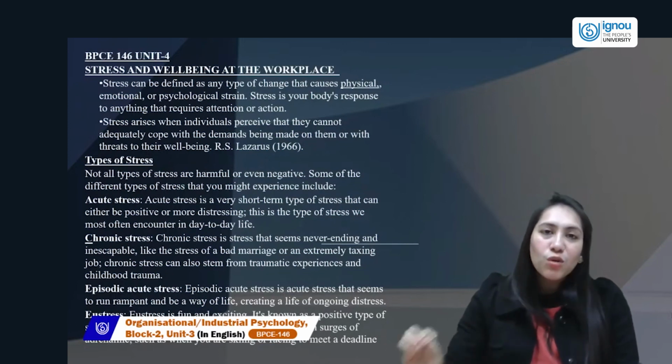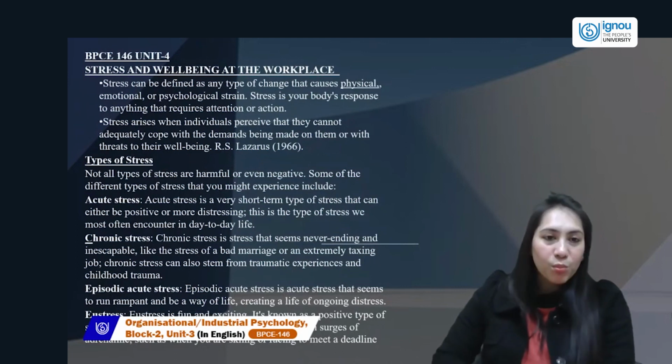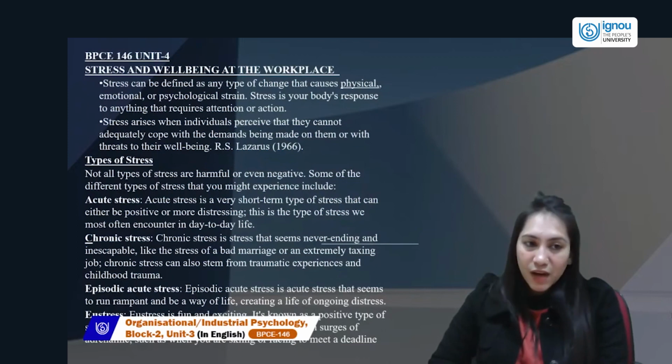So stress is your body's response to anything that requires attention. According to Lazarus, stress arises when individuals perceive that they cannot adequately cope with the demands being made by the environment and that threatens their well-being.